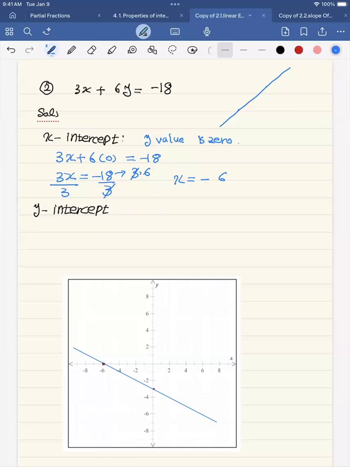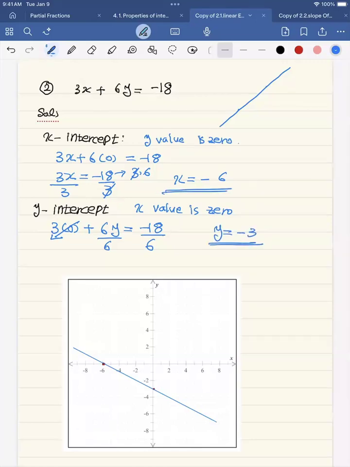For the y-intercept, the x value is 0. So we plug in 0 for x, so 3 times 0 plus 6y equals minus 18. So this will cancel, and we divide by 6 on both sides, then y equals minus 3.